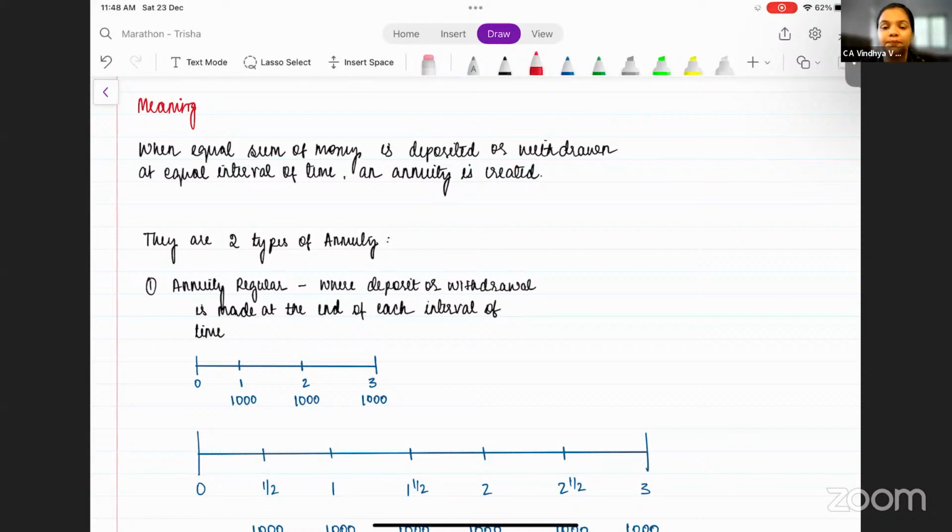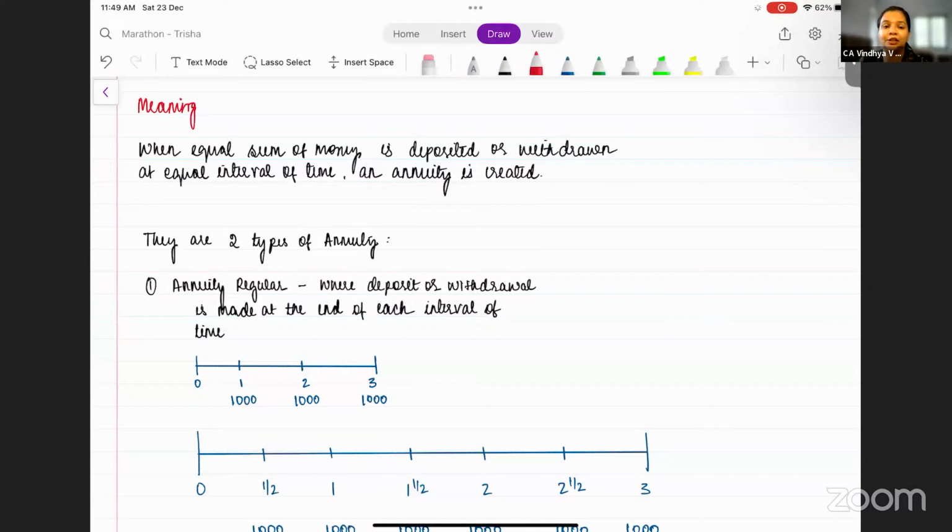What are these two things? The amount that you deposit and the interval of time. Annuity comes into picture when you have more than one sum of money deposited over a period of time. For example, if you want to deposit 1,000 every month or 10,000 every month, that is when the concept of annuity comes into picture.